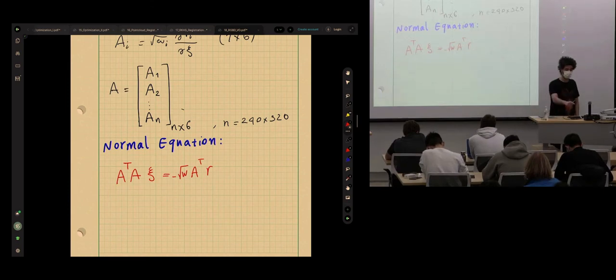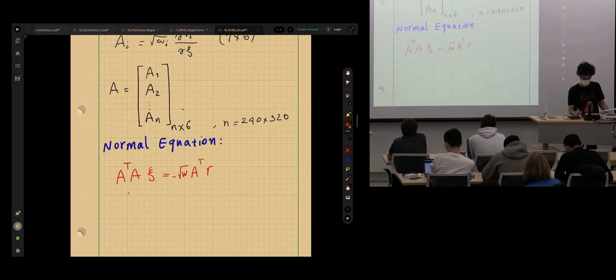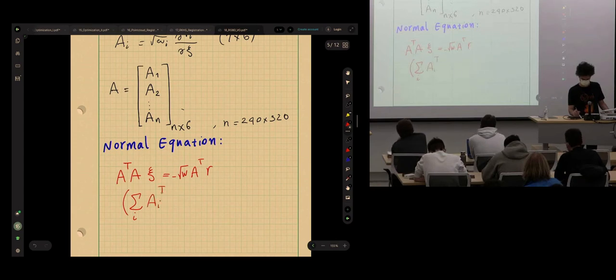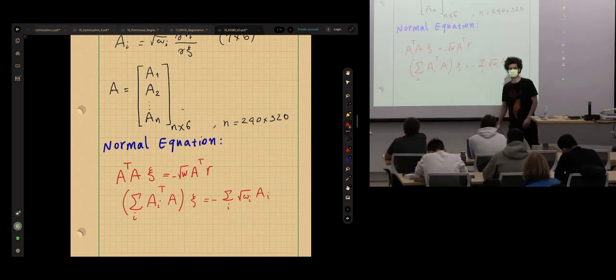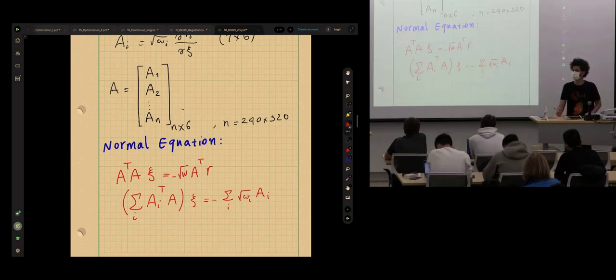But anyway, now, what is it? Is it still large scale? So it's only a 6 by 6 system of equations. It's actually very easy to solve. And we don't even need to store that long matrix.